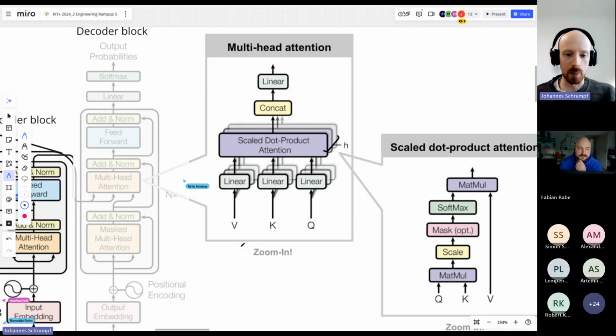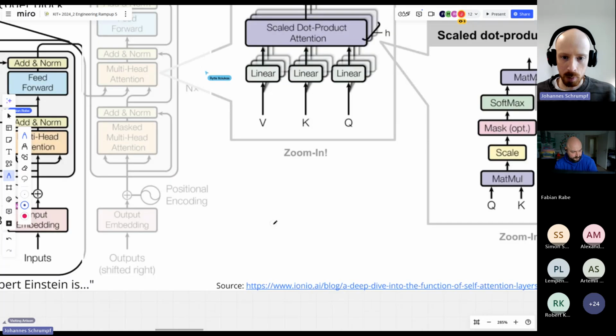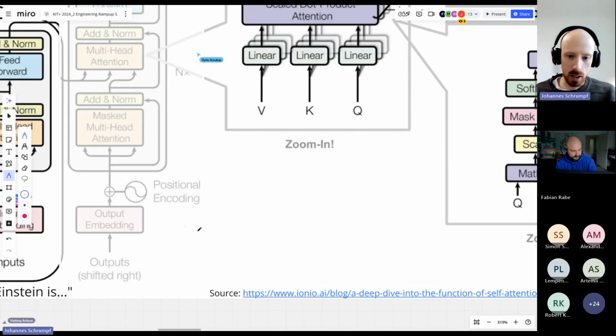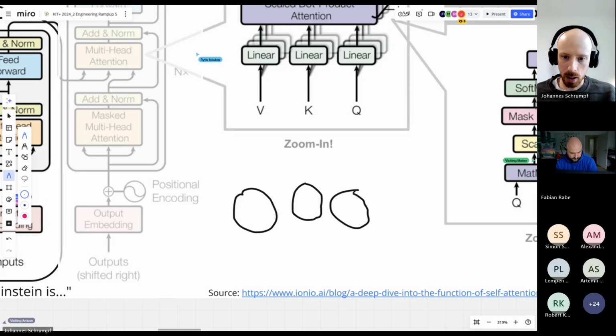A multi-head attention block consists of many different scaled dot product attention blocks that are working in parallel. So what does this mean? Working in parallel? Maybe we can go to the bottom here. This just means that we have multiple of these scaled dot product attention blocks, and they run in parallel.